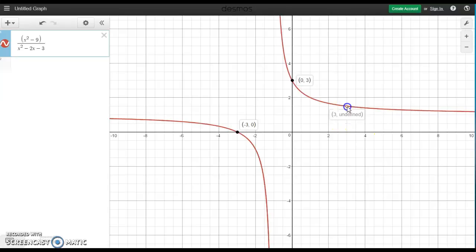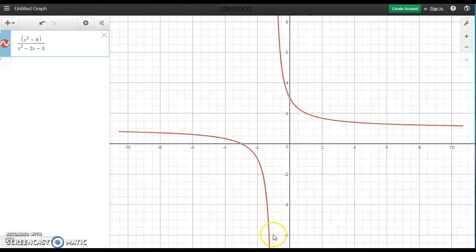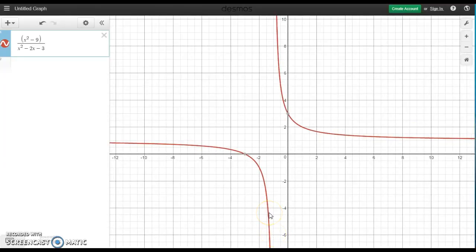Where x is 3, you see how it's undefined there? There's a hole there. And at negative 1, it's going to look like an asymptote. So those are my domain restrictions, see? X can't be those things. And then here I have a horizontal asymptote and a vertical asymptote, right? Because of the way these functions look with the division parts.